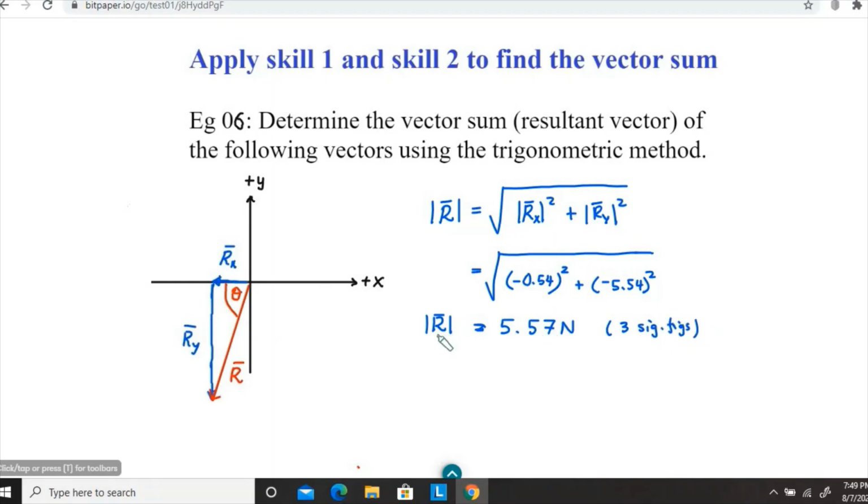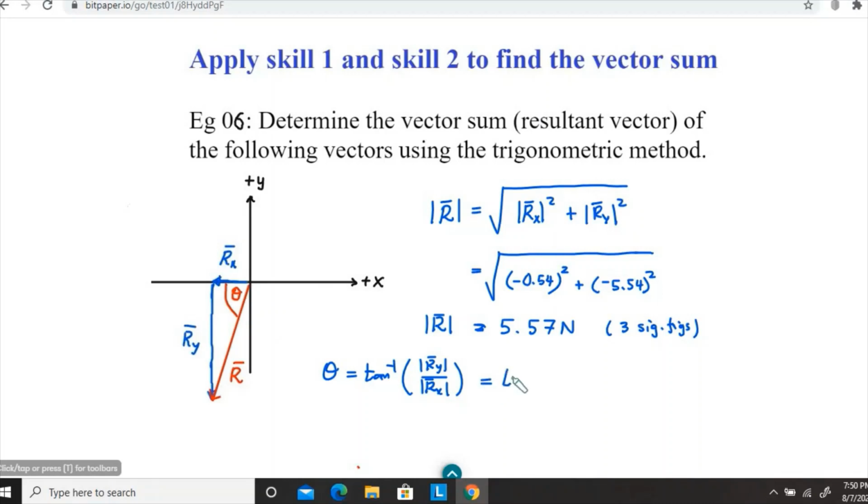Now to get the angle, let's calculate theta. Theta is given as the inverse tangent of the magnitude of the Ry vector over the magnitude of the Rx vector.